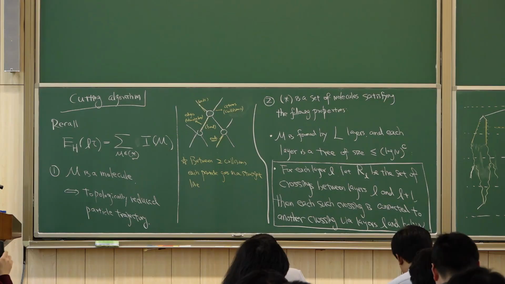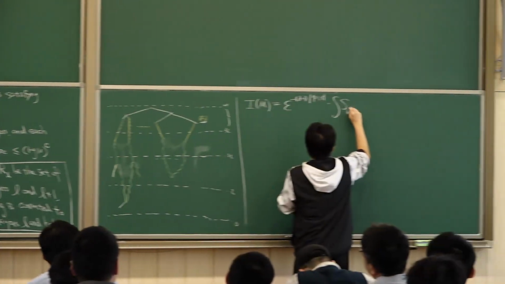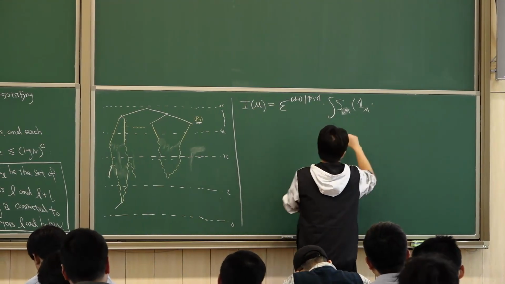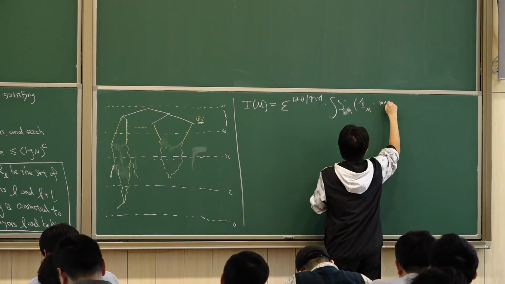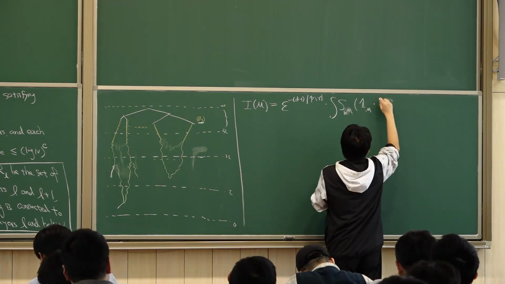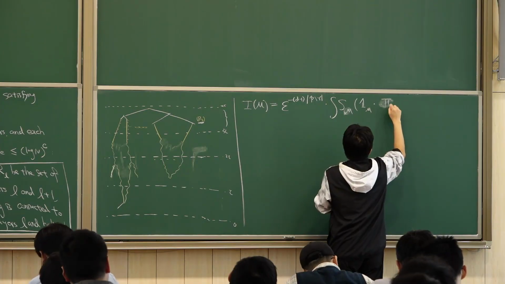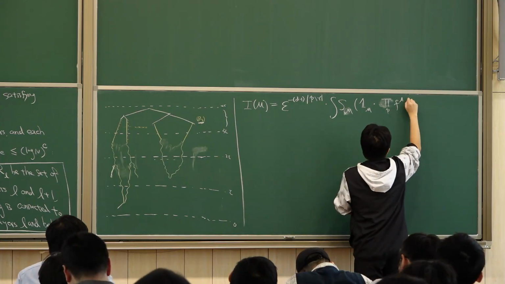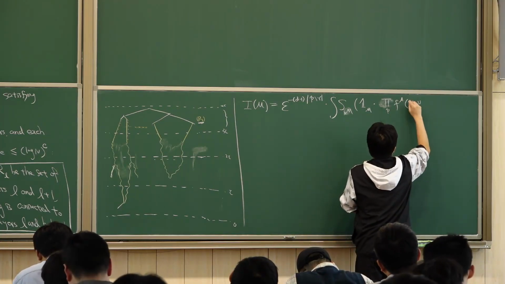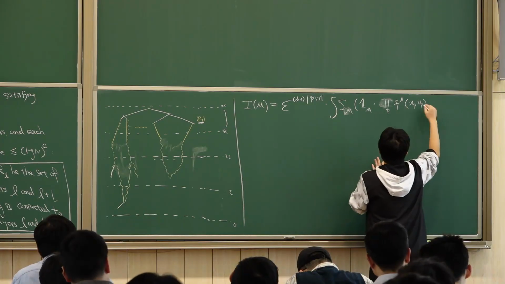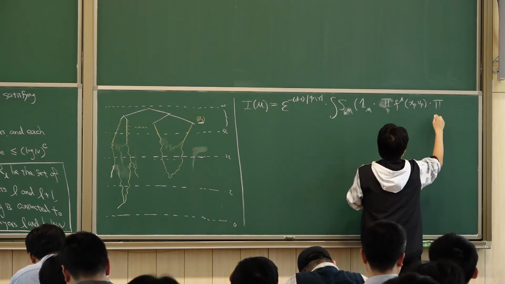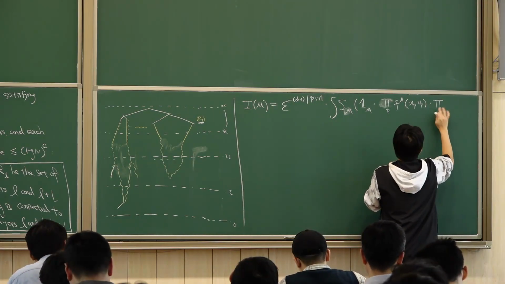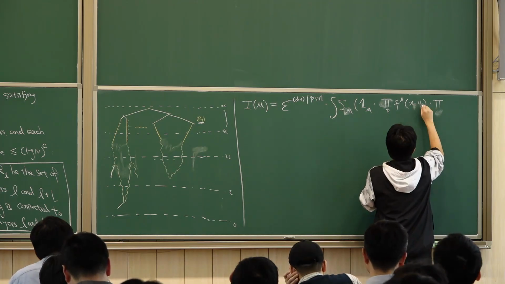And then we have S_M, the indicator of M, times the initial data, rather, the product of f_a of x_j, v_j, and then the product over j.